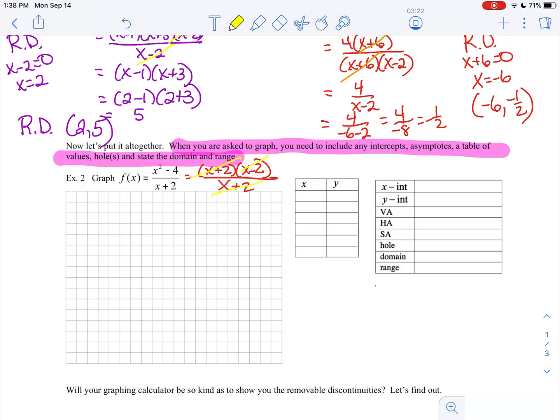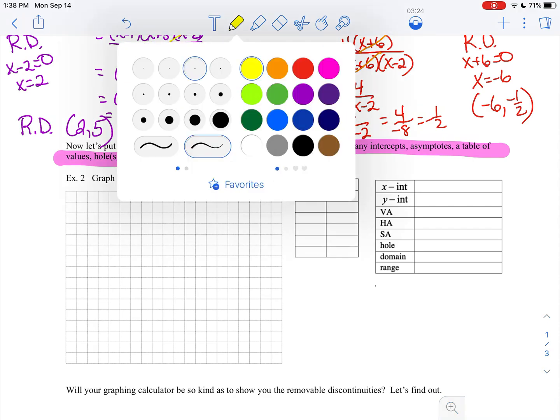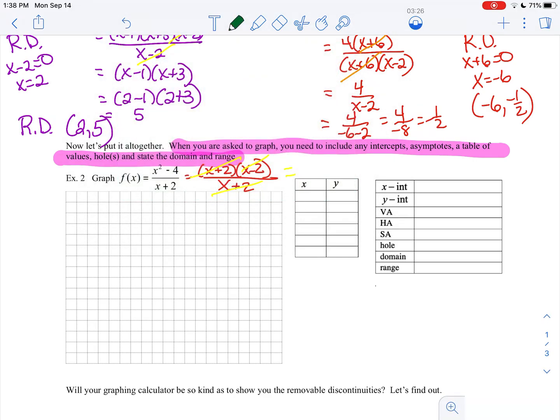I'm going to cancel the x plus 2, and that's going to leave me x minus 2. So I have a removable discontinuity that's going to happen at x plus 2, and I plug that into the negative x minus 2, so it's negative 4. So the hole is at negative 2, negative 4.